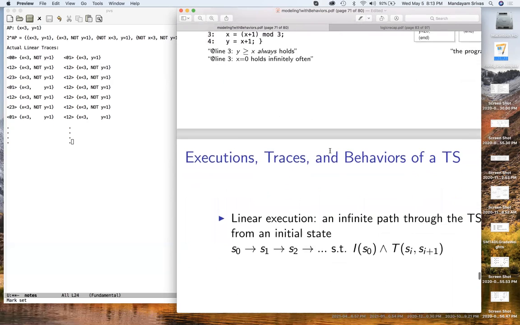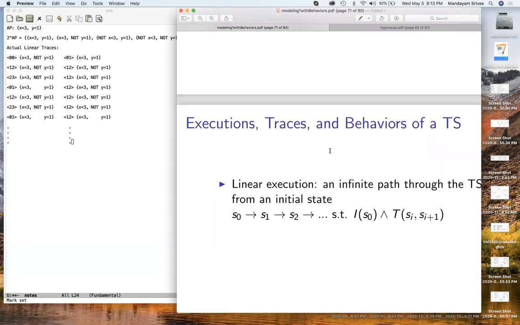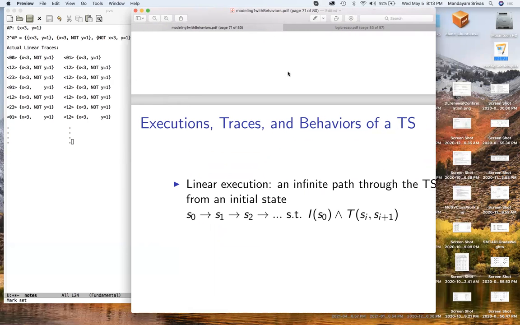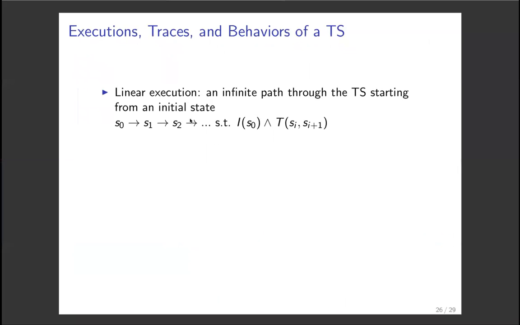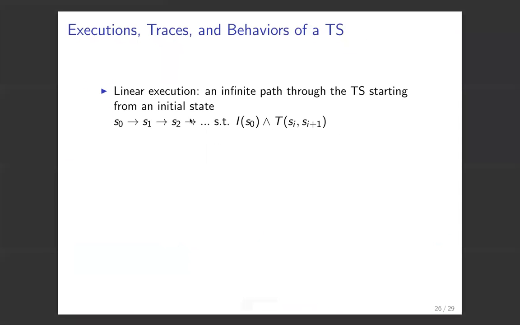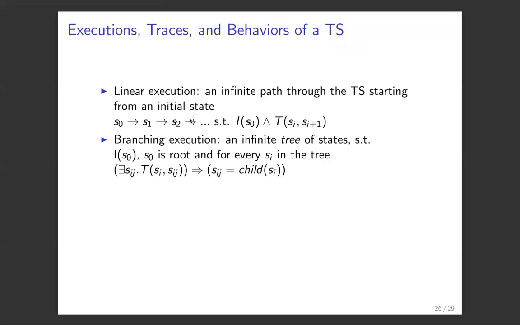Okay, so given that, we are using these labeled Kripke structures, which have a labeling function to define various concepts, especially the behaviors. So that's how we started. We will define two kinds of executions, and correspondingly there'll be behaviors.